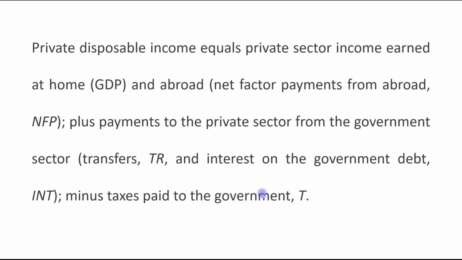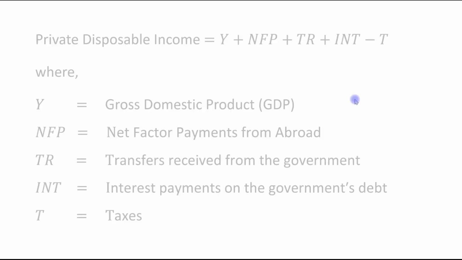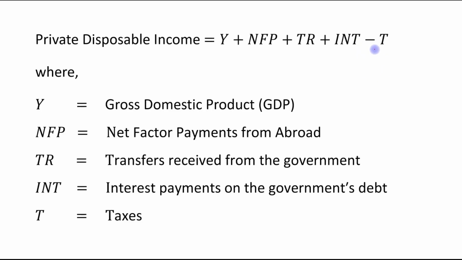And the last one is minus taxes paid to the government. Minus taxes paid to the government by the private sector. Because these taxes are the payments made by the private sector to the government sector.